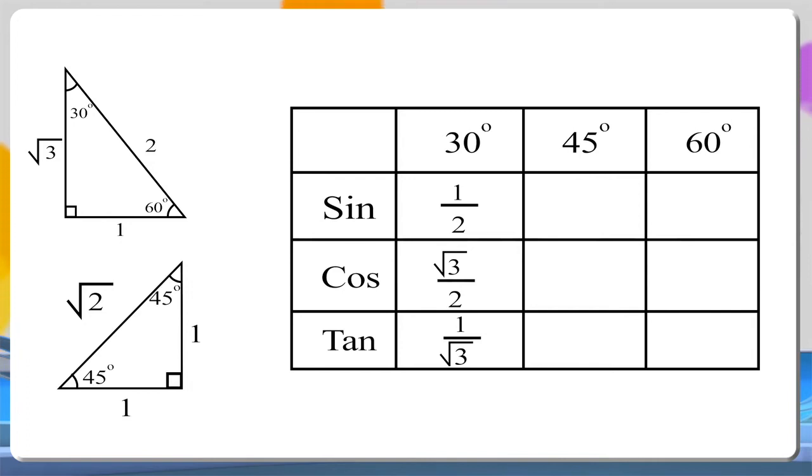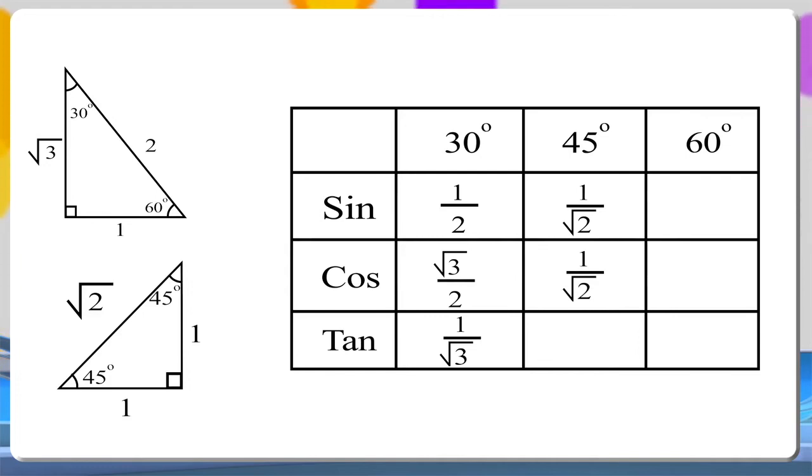Now we can go for the 45-degree angle. Sin 45 is 1 by √2. We know that sine is opposite side by hypotenuse. Therefore, here sin 45 is 1 by √2. And for cos 45, adjacent side by hypotenuse. So, cos 45 is also 1 by √2.